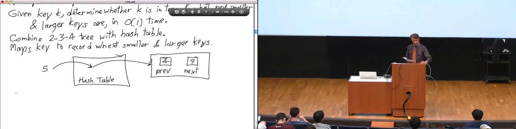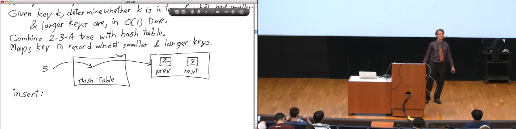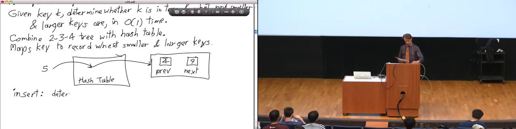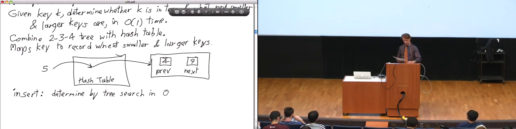And so the trick to doing this is making sure that insert and remove still run in log n time. Now, insert is actually the harder one of the two. When you do an insert, you do a tree search, as usual, into the 2, 3, 4 tree to insert the new key, but you can also, in log n time, find the next smaller and larger keys.